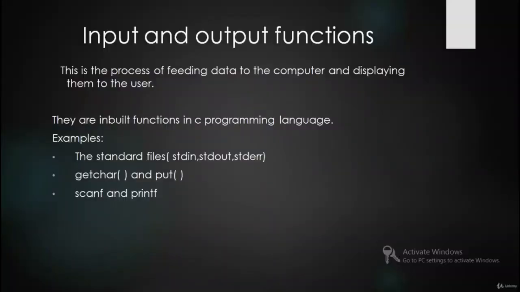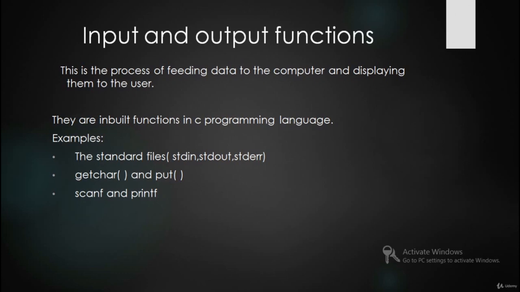Hi, in this section we are going to learn something about input and output functions. This is the process of feeding data to the computer and displaying it to the user. In C programming, we have inbuilt functions that perform such tasks. We have the standard files, which are standard input, standard output, and standard error.